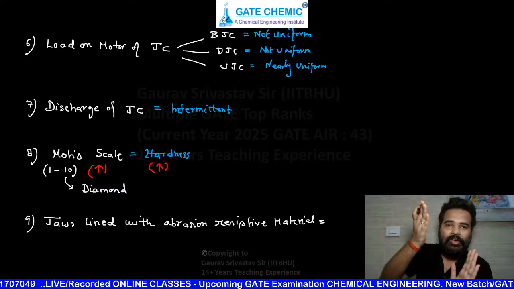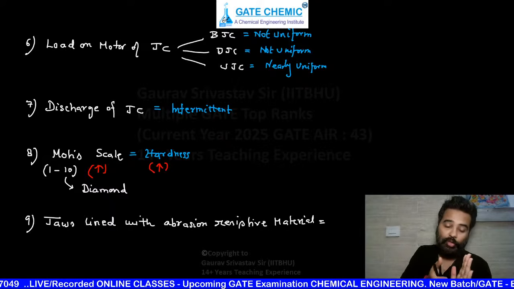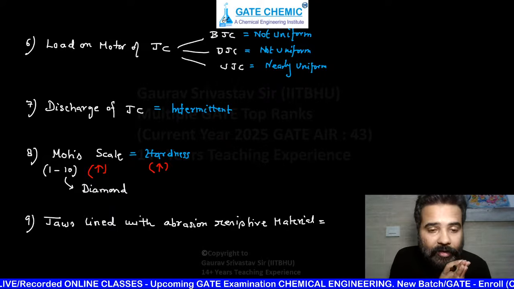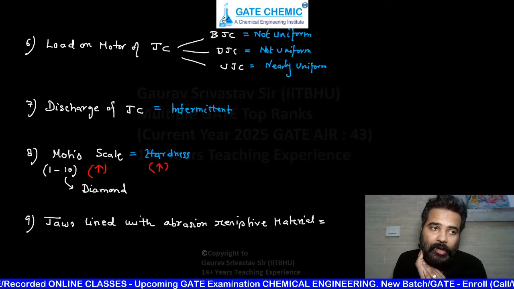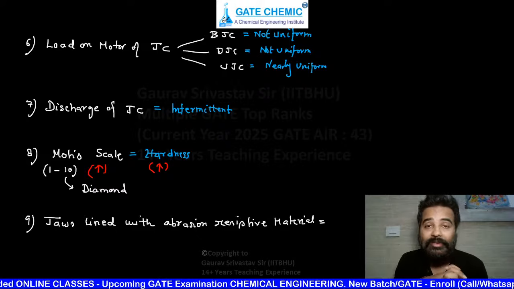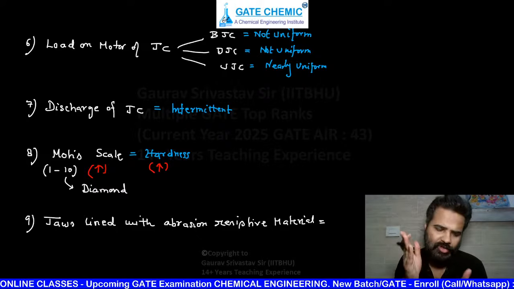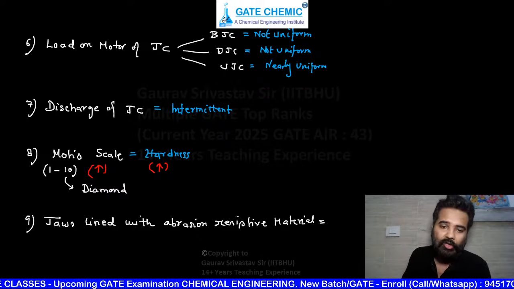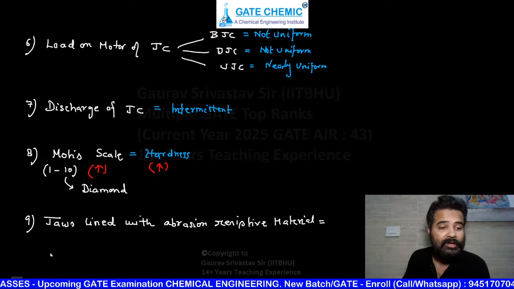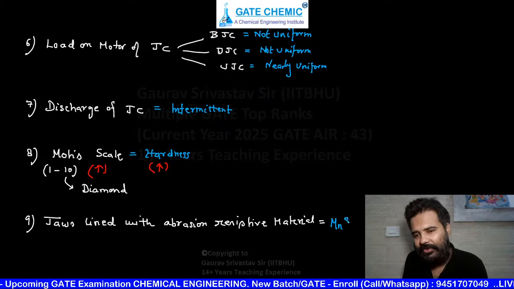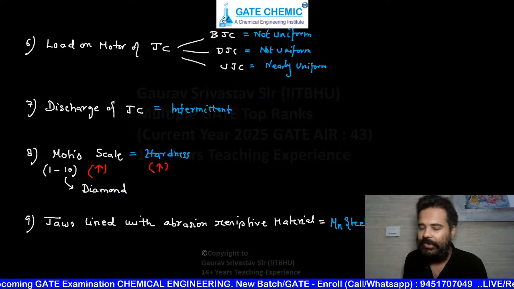There is a coating on the jaws. A coating of abrasion resistive material is applied over the jaw so that it doesn't wear out quickly. If the jaw is going to abrade, changing the whole jaw is very costly for you. But if you just change the top surface of the jaw, it is not too costly. So some abrasion resistive material is used, and the most important name is manganese steel. That can be asked in your examination, max. That is manganese steel.